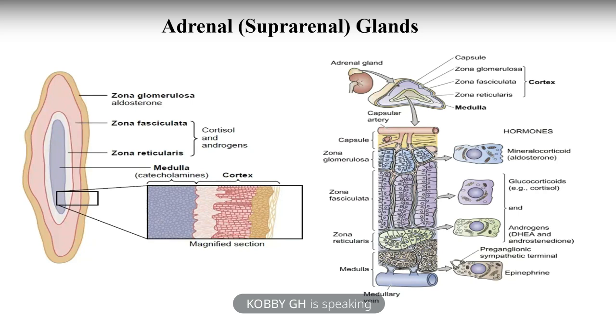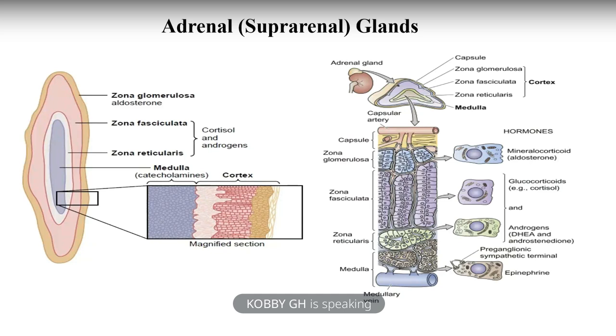Which part of the adrenal gland produces androgens and epinephrine? Adrenal medulla. So let me use this question to show you how students sometimes give wrong answers and get low marks.